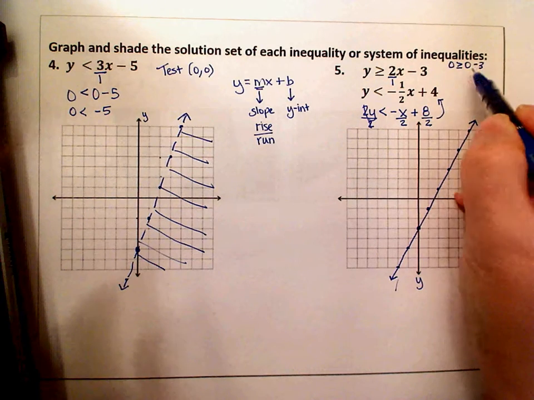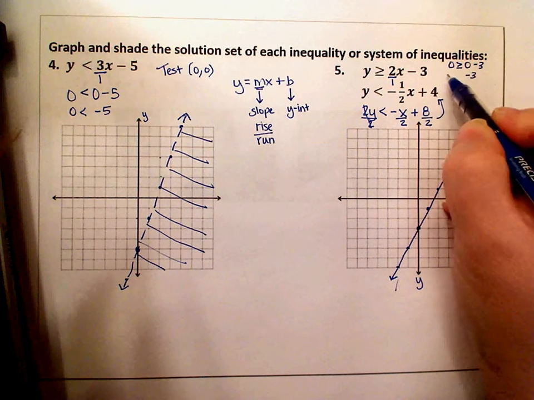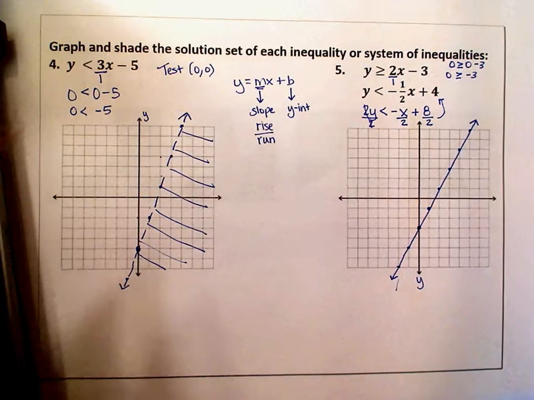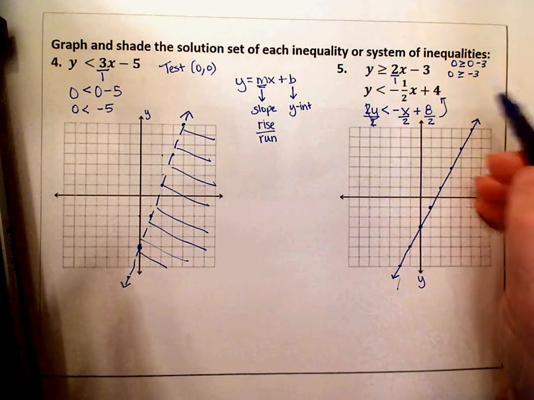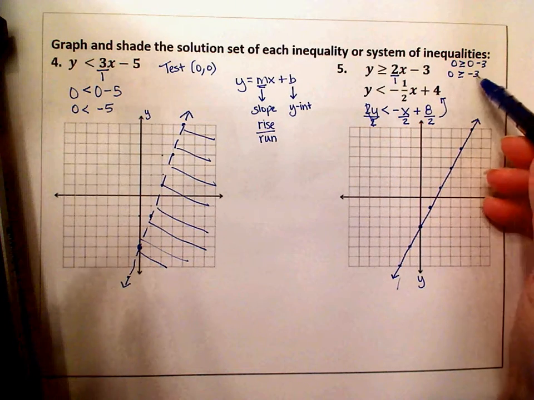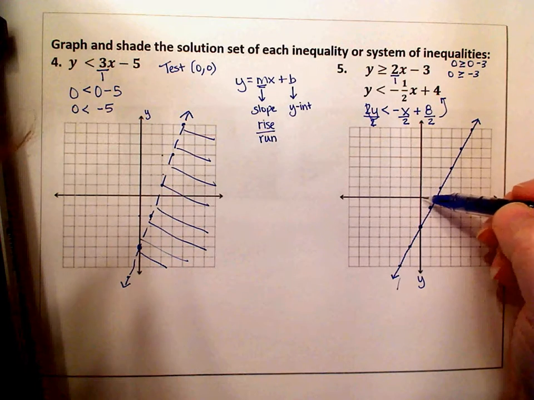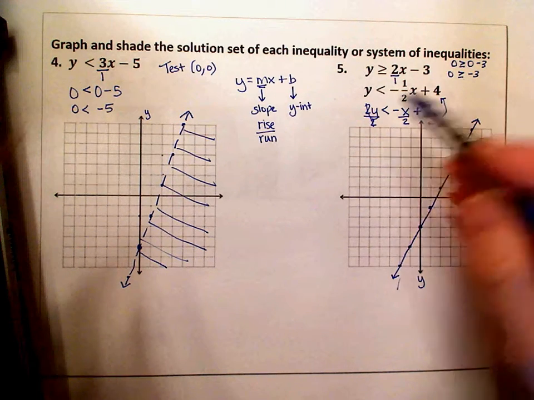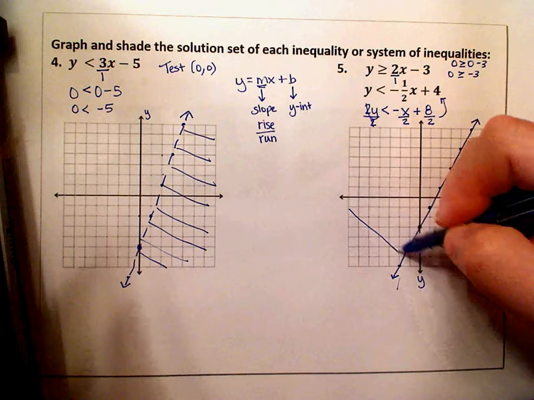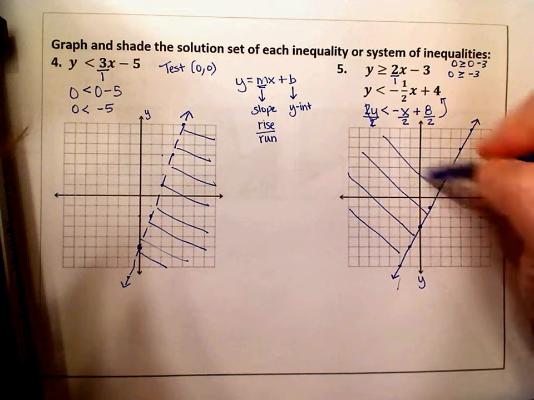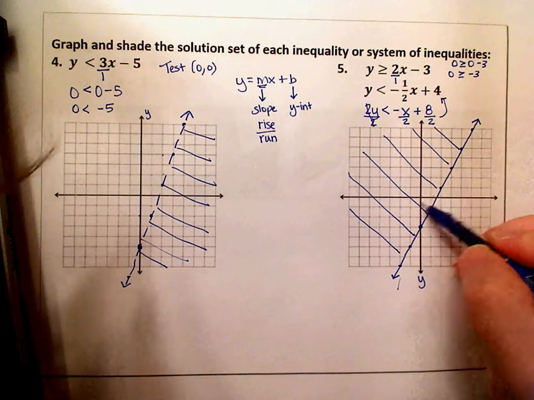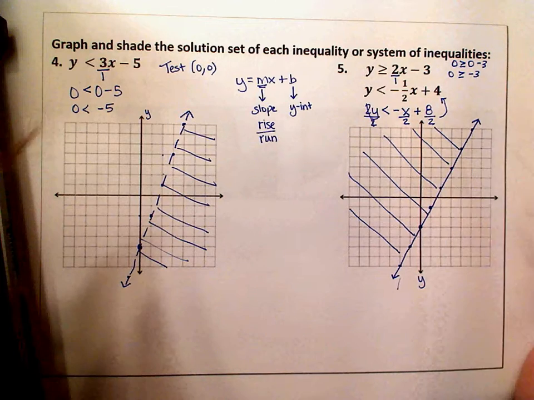So 0 minus 3 is -3, so we want to know, is 0 greater than or equal to -3? Yes, 0 is bigger than -3, so I want to shade the side of the line that has the point 0, 0. So I'm going to shade this side of the line on this one, since that's where 0, 0 is, and that makes a true statement.